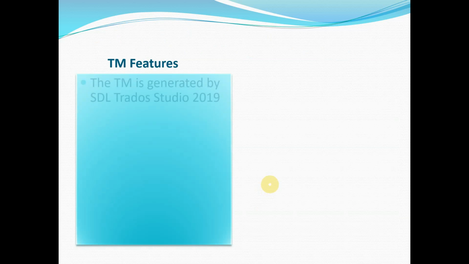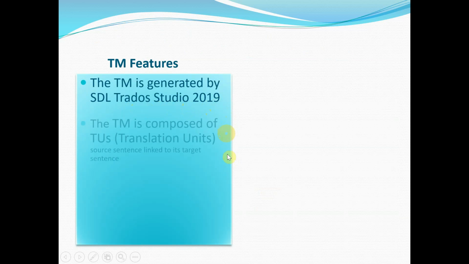Here we have the features of the TM, and we can say that the TM is generated by SDL Trados Studio 2019, so no other software can generate a TM. A TM is composed of translation units, source sentence linked to its target sentence.